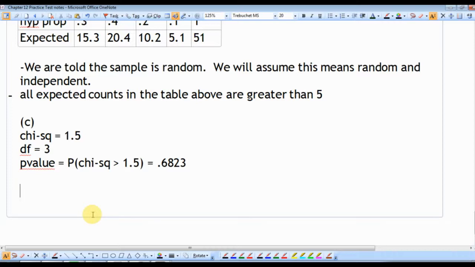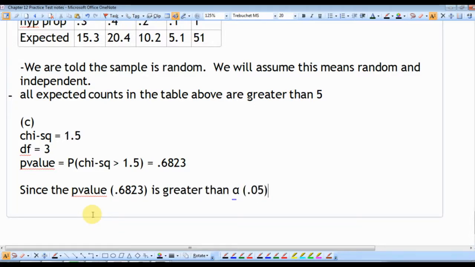Okay, so what are we writing down? Since the p-value 0.6823 is greater than alpha 0.05, we fail to reject the null hypothesis.